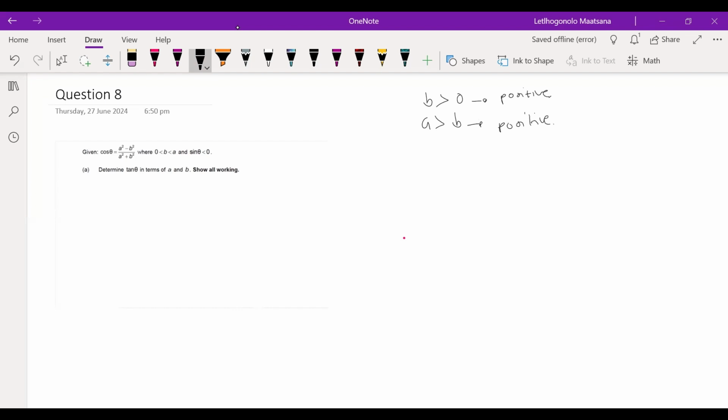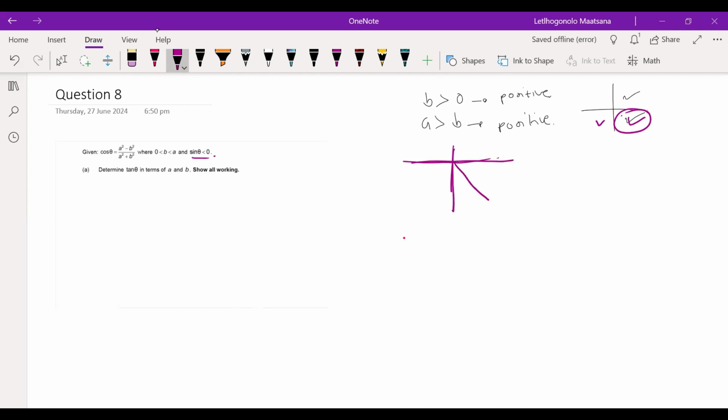So clearly this is the quadrant where cos is positive here and cos is positive there. Then they make one more statement to say that this is now where sine is negative. Sine is negative here and there. You can see that we're dealing with the fourth quadrant, because of the conditions, not necessarily how it looks, but the conditions.